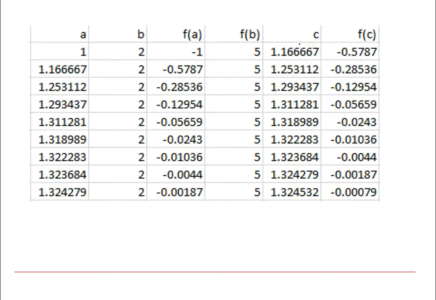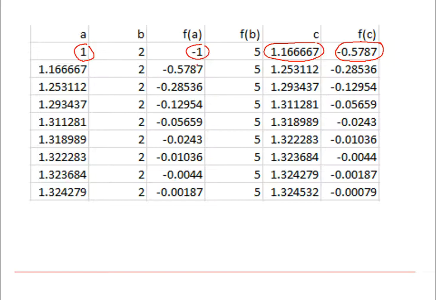and our value of C that we found on the previous slide gives rise to a value of the function which is smaller, and so it's closer to the x-axis than when A was 1, which gave a value of -1.